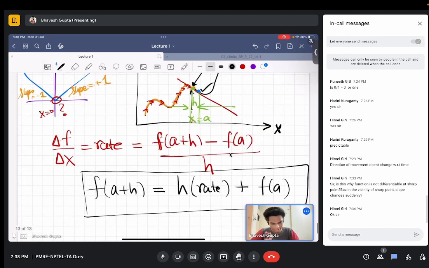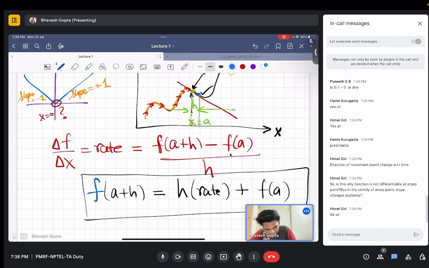Let me color this, if you feel. See, this is what the blue point is telling you. This is the value of the function at that blue point, you can see there. And this is your green point. So if you know the value at the green point and you know the slope, if you know these two things, we can easily estimate the blue point.